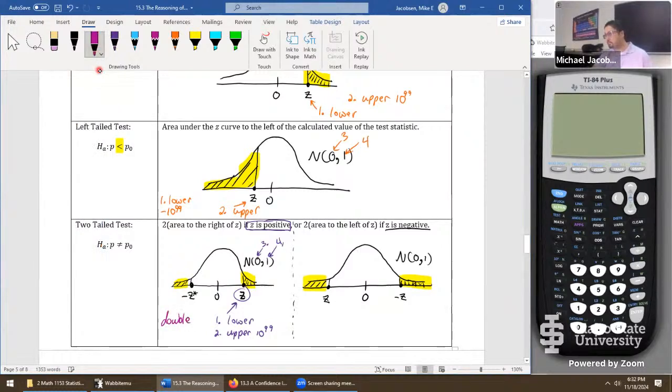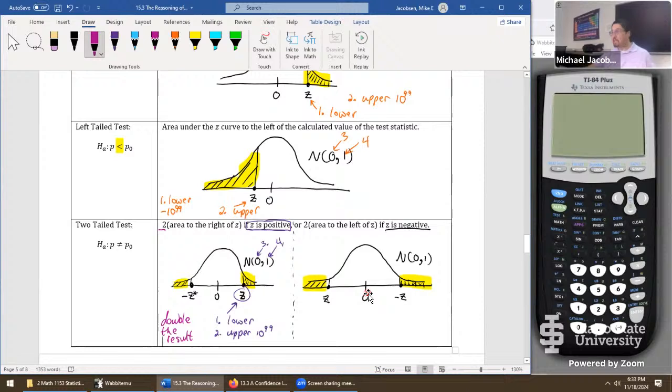Double the result. So in other words, whatever your calculator spits out, you have to double it. So that's what the 2 is here. It's doubling. So the way this works, finally, we can describe is, if you want the area in this tail and in this tail, but your curve is totally symmetric, you might as well find the area once and just multiply it by 2, doubling the result. That gives you both of the tails areas right away.